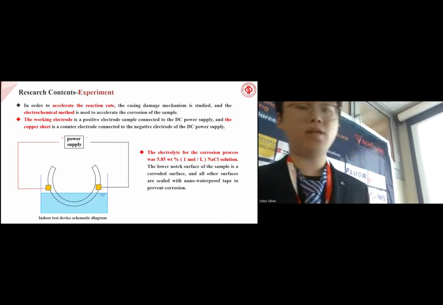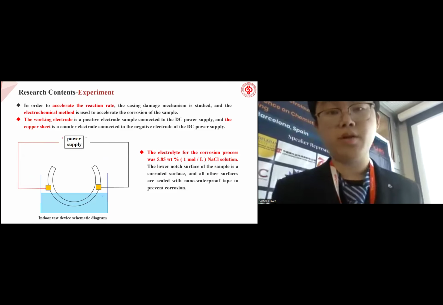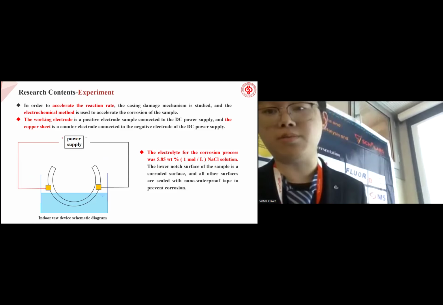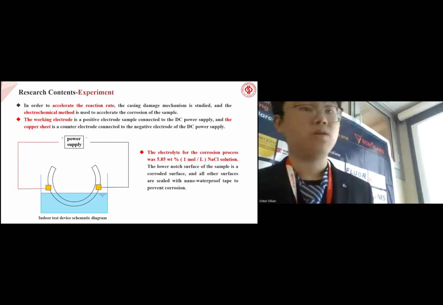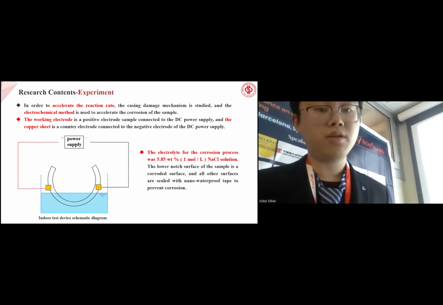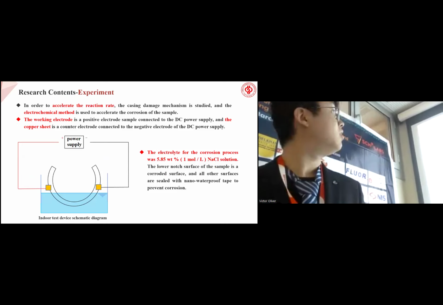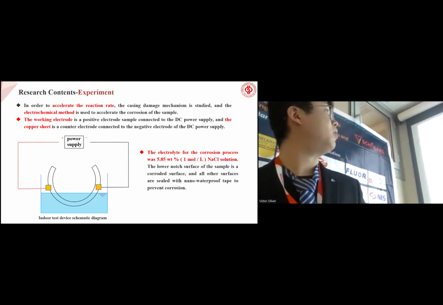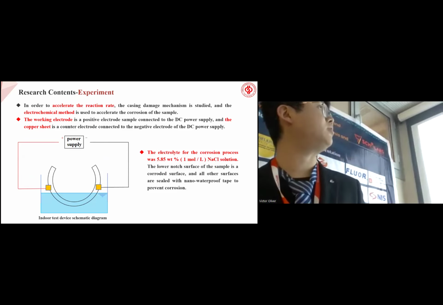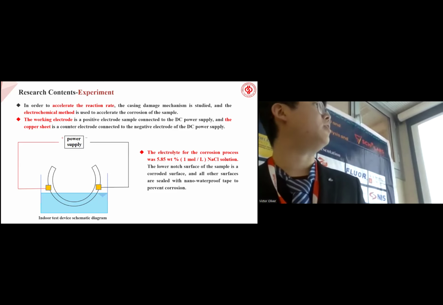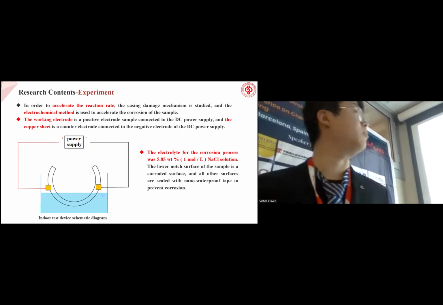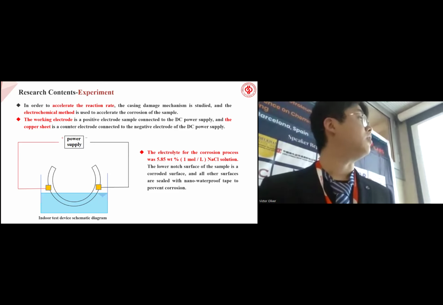In order to accelerate the reaction rate, the casing damage machine is studied, and the electrochemical method is used to accelerate the corrosion of the sample. The working electrode is the sample connected to the positive electrode of the DC power supply, and the copper sheet is the counter electrode connected to the negative electrode of the DC power supply.